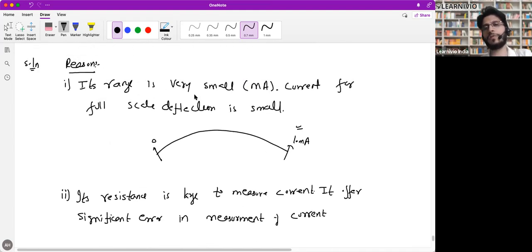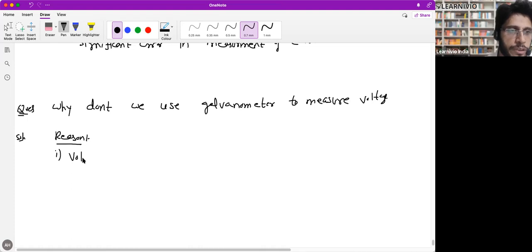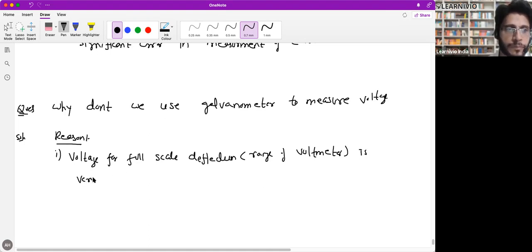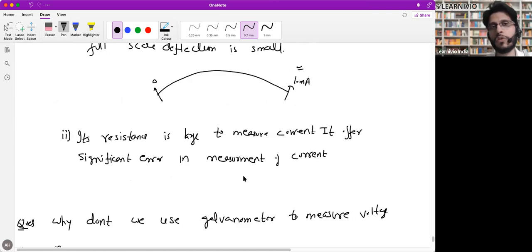Just like current for full scale deflection, if you apply a voltage of a few millivolt to a galvanometer, it will show full scale deflection. Voltage for full scale deflection, which is also known as range of voltmeter, is very small, usually in millivolt. So you can't measure more than a few millivolt using a galvanometer.